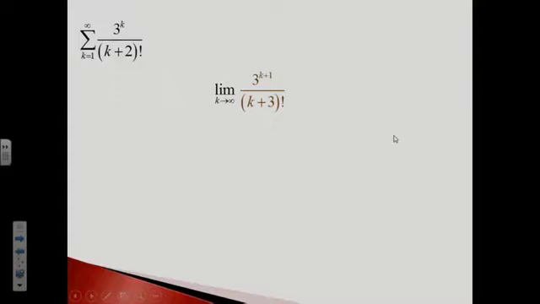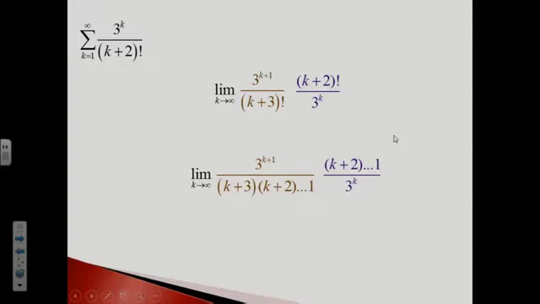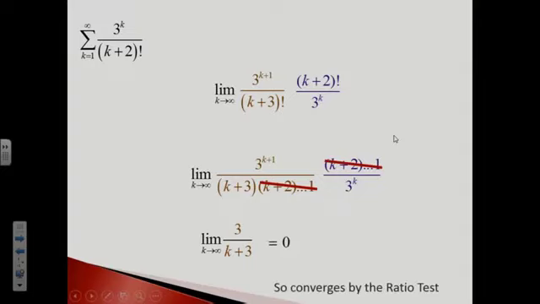The ratio ak plus 1 divided by ak equals 3 to the power of k plus 1 divided by k plus 3 factorial, multiplied by k plus 2 factorial divided by 3 to the power of k. Express the factorials and reduce the common terms. We are left with 3 divided by k plus 3, the limit of which is 0. Thus, L is less than 1, and the ratio test tells us that the given series converges.